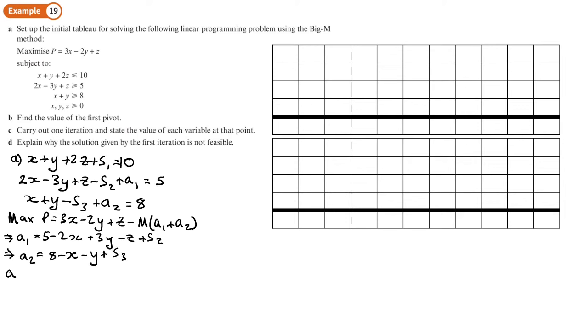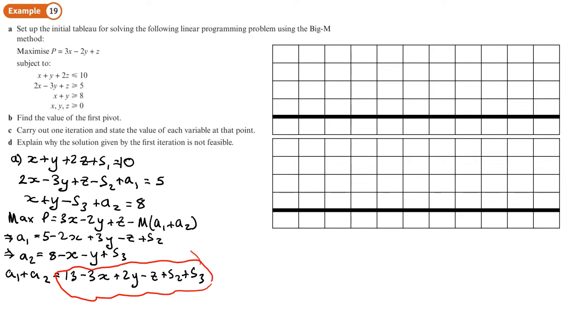So a1 plus a2 is going to be 13 minus 3x plus 2y minus z plus s2 plus s3. Now all of that, this bit here, needs to go in this bracket and get multiplied by m.